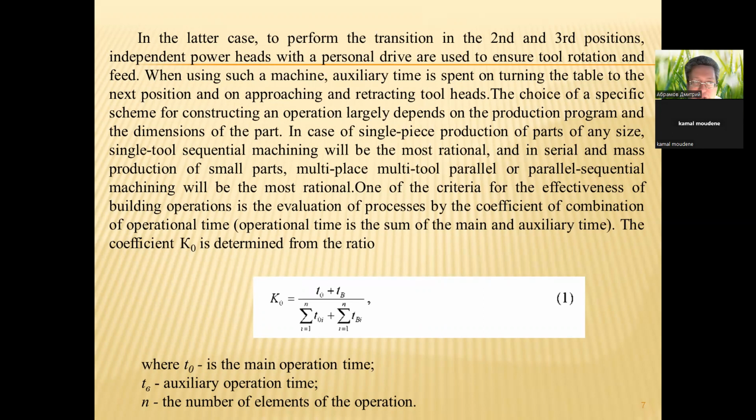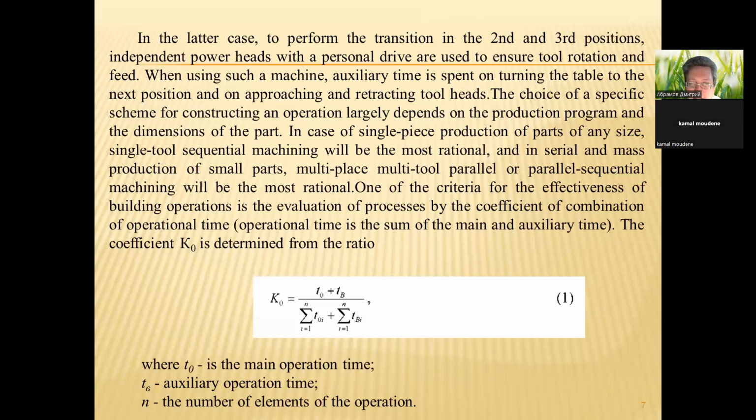When using such a machine, auxiliary time is spent on tuning the table to the next position and on approaching and retracting tool heads. The choice of a specific scheme for constructing an operation largely depends on the production program and the dimensions of the part.